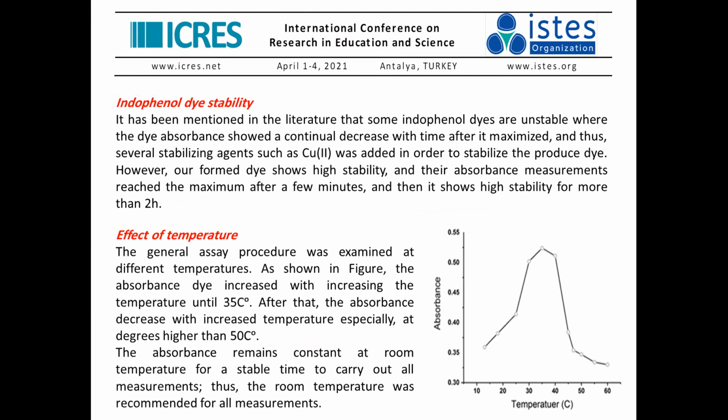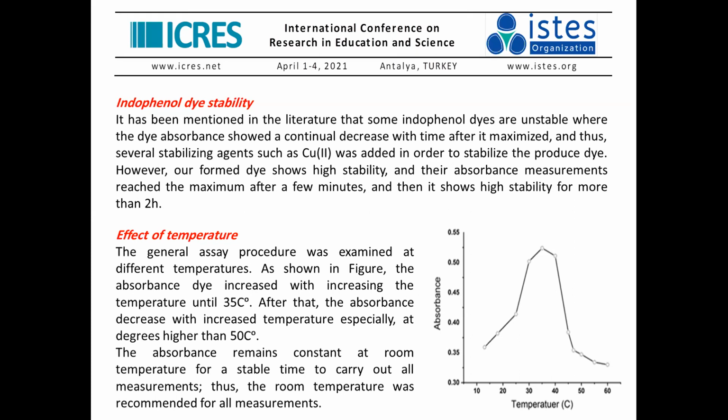Therefore, they add a lot of materials that can stabilize the dye, such as copper, which can react with these types of dyes to make them more stable. However, in our study, we measured the stability for a long time, and we found that the produced dye is very stable. Therefore, we don't need to add any other compound to stabilize the dye.